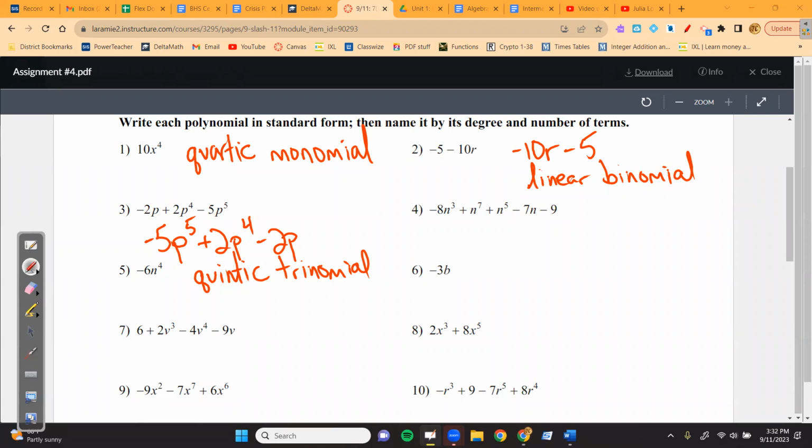Aiden, could you help me with that number 4? I need to put that in order. That thing's a mess. So n to the 7th plus n to the 5th. Yep. Gorgeous. And now that we've got it in a beautiful standard form, Aiden, how would you classify this?